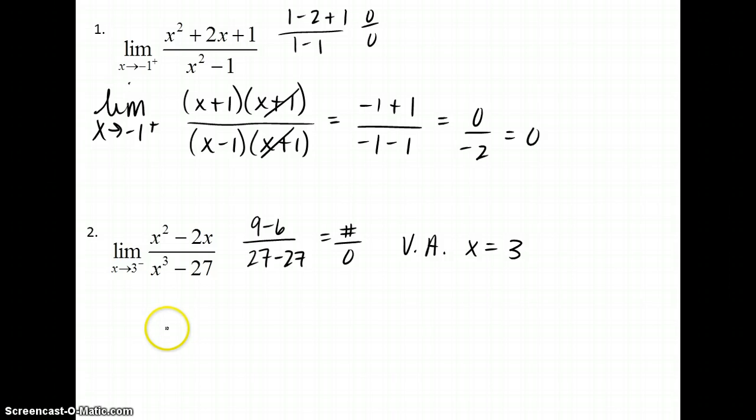So choosing a number to the left of 3, say 2.9, 2.9 squared minus 2 times 2.9 will give you a positive value. 2.9 cubed minus 27 would give you a negative value. So the limit approaches negative infinity.